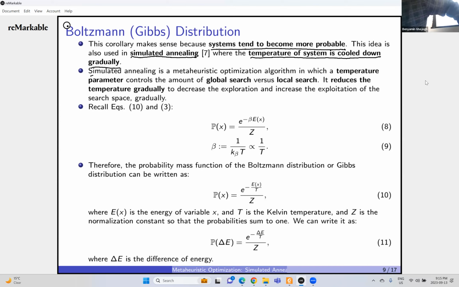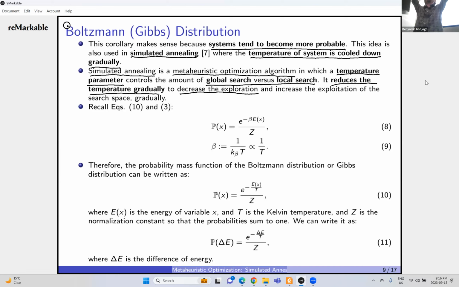So simulated annealing is a meta-heuristic optimization algorithm in which a temperature parameter controls the amount of global search versus local search. I will discuss it in a few slides. The amount of temperature tells you how much you want to explore versus exploit. It reduces the temperature gradually to decrease exploration.